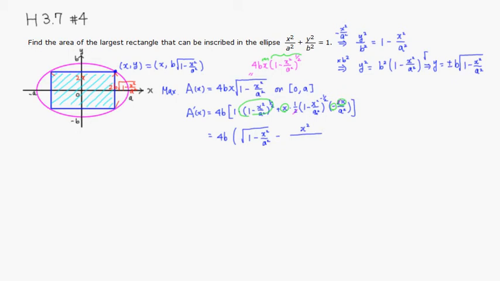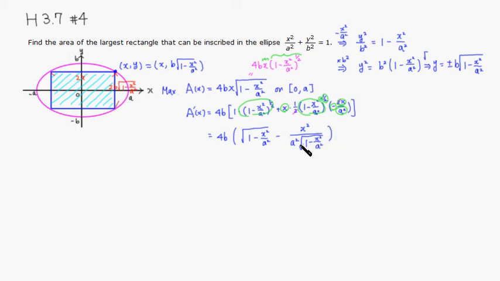There's an a squared, so we put a squared on the bottom. And here's a negative power, so we can put this on the bottom: the square root of 1 minus x squared over a squared.